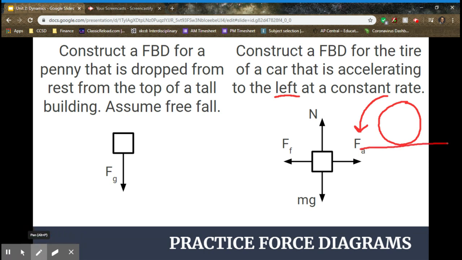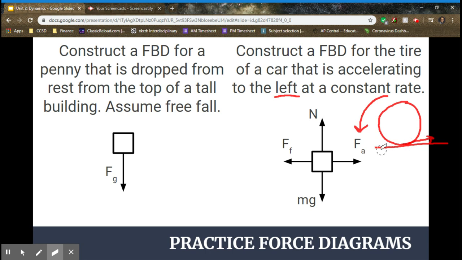Better. So the point that the tire is actually in contact with the ground, this point right here, the tire is rotating this way, which means that the tire at this point is trying to move to the right. So the tire, in this case, is accelerating. Where it's in contact with the ground, it is accelerating to the right.